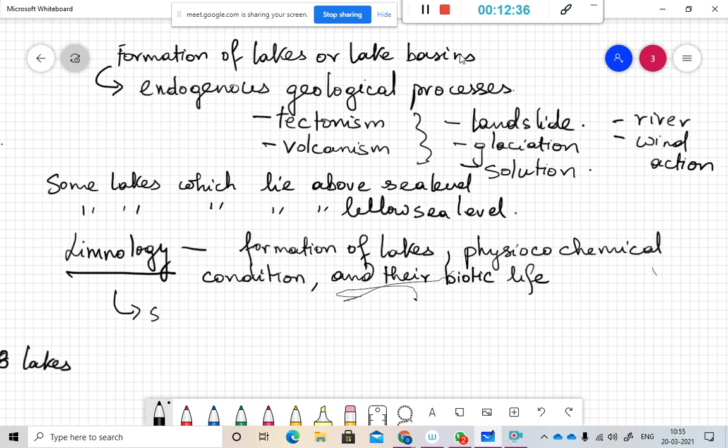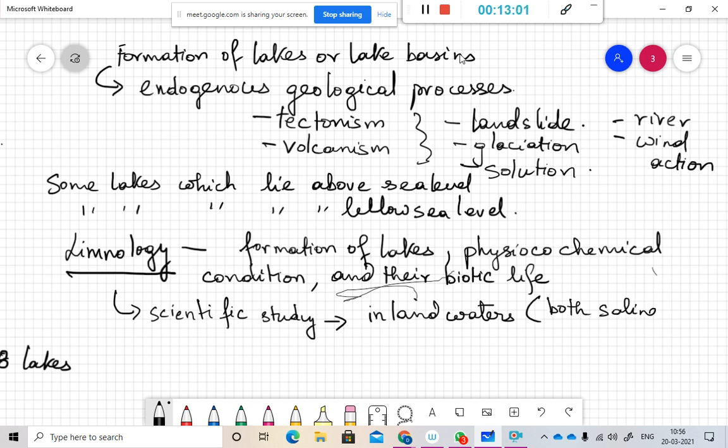It is also the scientific study, logy meaning logos, of inland waters, both saline and fresh, like lakes, ponds, and rivers, natural as well as man-made.